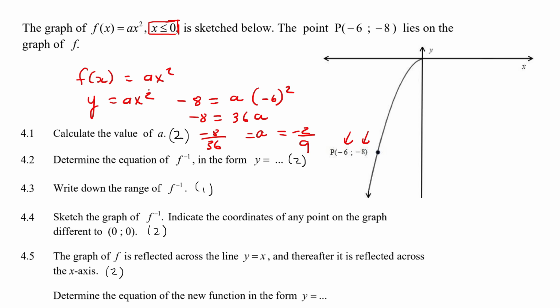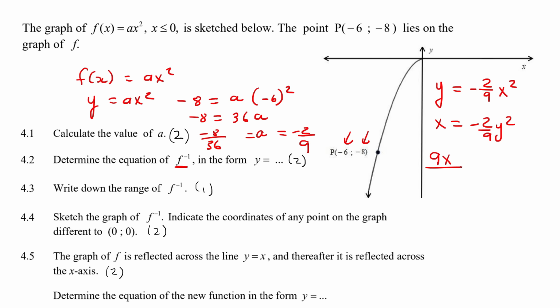Okay, now it says determine the equation of the inverse. Okay, so we know how to do inverse, right? We take the original equation, which is y equals negative 2 over 9 x squared. Then your first step is you switch x and y around, like that. Then you got to get the y by itself. Okay, so the first thing I would do is I would take these over. Now there's multiple ways you could do it. You could take the 9 over first, which would go to the top, and then the 2 would go to the bottom.